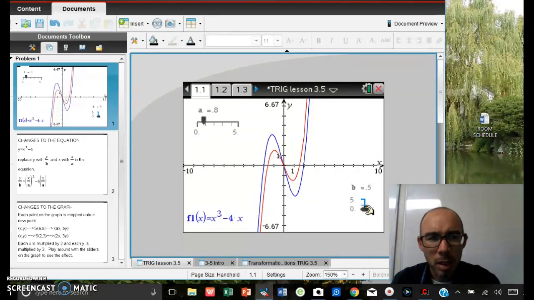So play around with that. All the pictures are going to change as you change a and b. It's pretty straightforward as far as the rule goes for scale change. The effect on the picture seems to not match all the time, but when you change the b, it does exactly what you think it should.